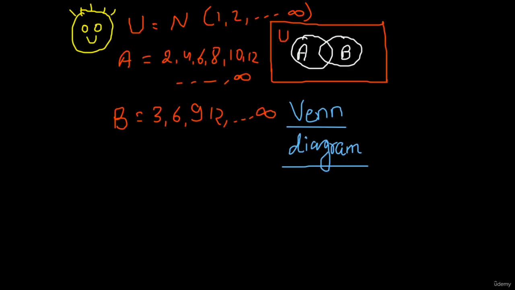Now let's see what actually is happening inside of it. As you can see, there is something common between A and B. Here it is. It is defined as A intersection B. So this upside-down U symbol represents intersection, or common area.